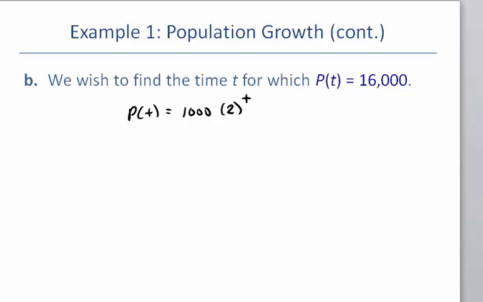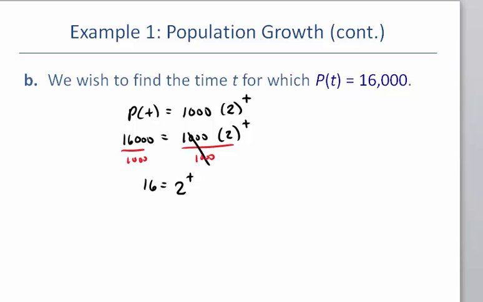And we want to know when the population, the P of t, equals 16,000. And so we're going to plug in 16,000 for the P of t, and we're going to work at solving for the t. So we can divide both sides by 1,000. That's going to give me 16 is equal to 2 to the t power.